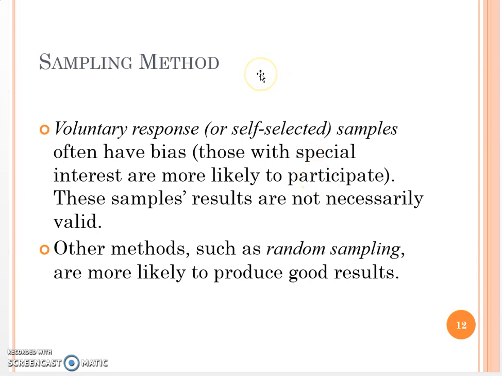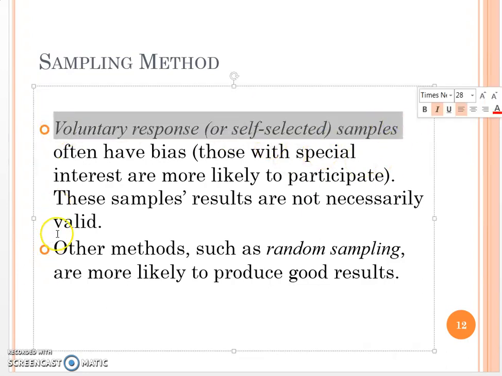Sampling method talks about the methods for us to get the samples. The example that we just looked at, the telephone polling about opinions on abortion, is a so-called voluntary response. These are also called self-selected samples. A lot of times these samples have bias.